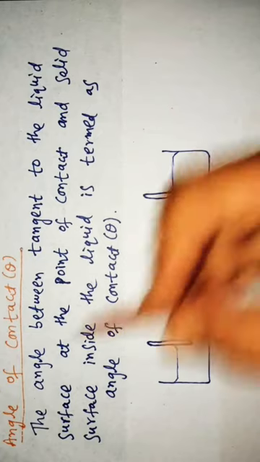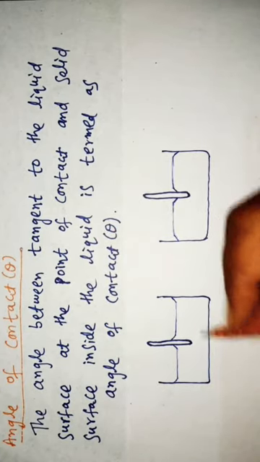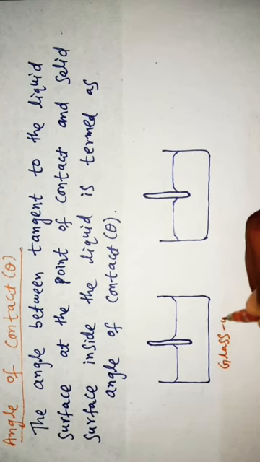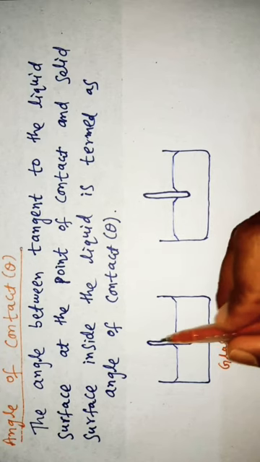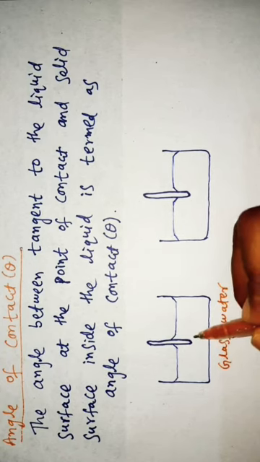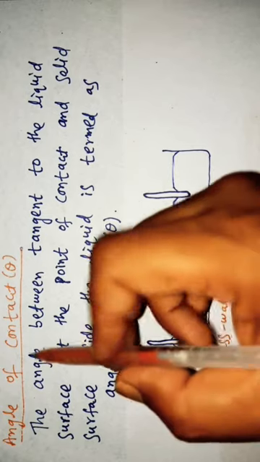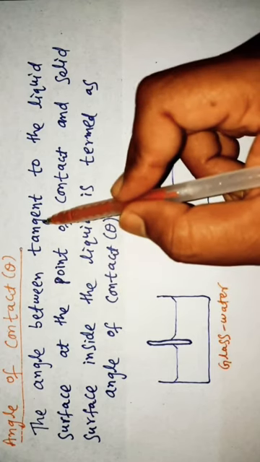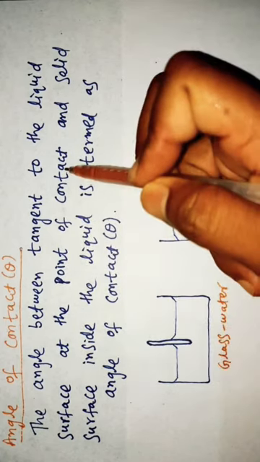Here angle of contact, in case of glass and water: a glass is placed in water. The angle of contact is the angle between the tangent to the liquid surface at the point of contact.